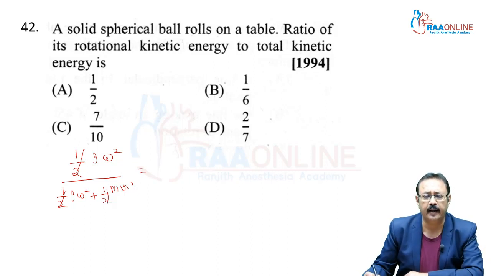For solid sphere, I is 2 by 5 m r square. Omega square is v square by r square.